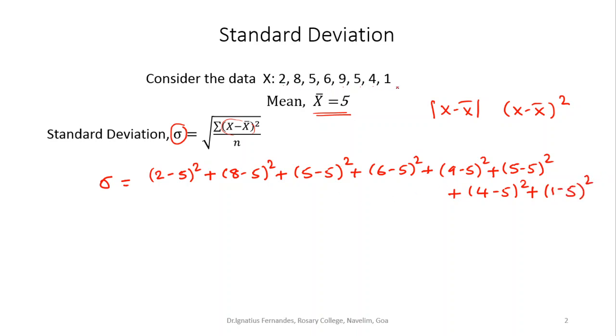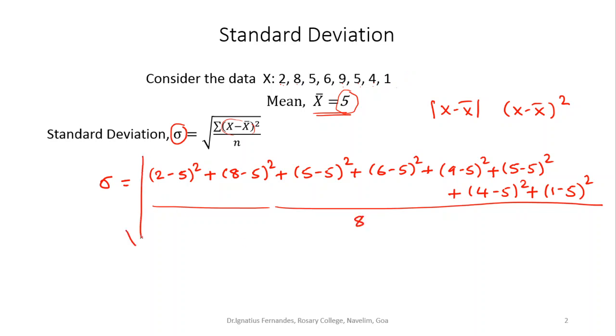From each of these x values I subtracted the mean and took the square, and this is divided by the number of entries, which is 1, 2, 3, 4, 5, 6, 7, 8. So 8, and I have to take the square root of whatever I have calculated.